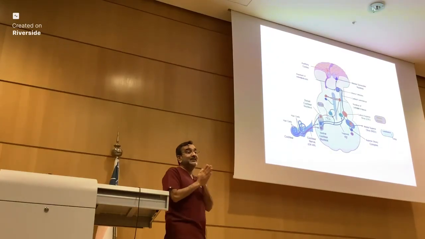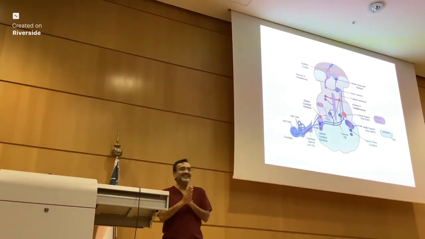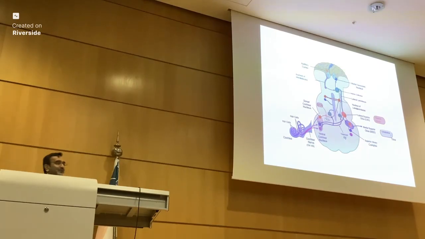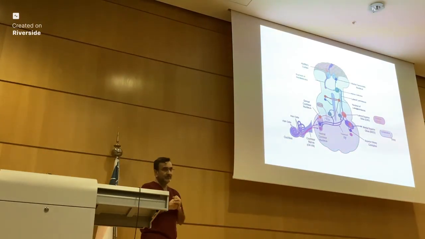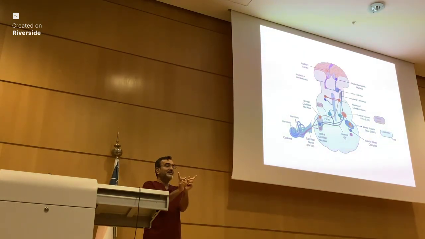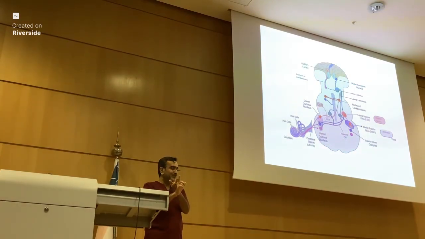MSO, which is the medial superior, this is not MSA, but MSO, the medial superior olivary nucleus, is important for lateralization, that is, from which side the sound is coming. So that's why it is going on both sides. But if you are hearing from the right ear, the action potential to the right medial superior olivary nucleus will reach first, then the other side.